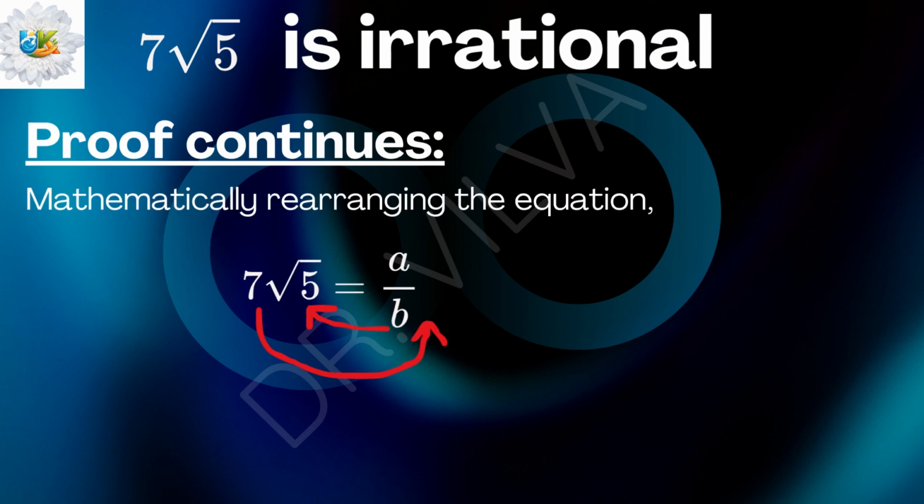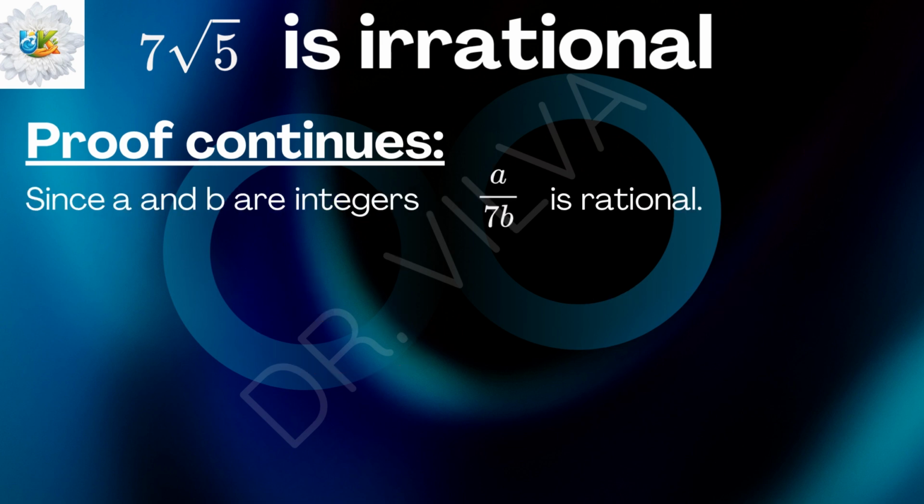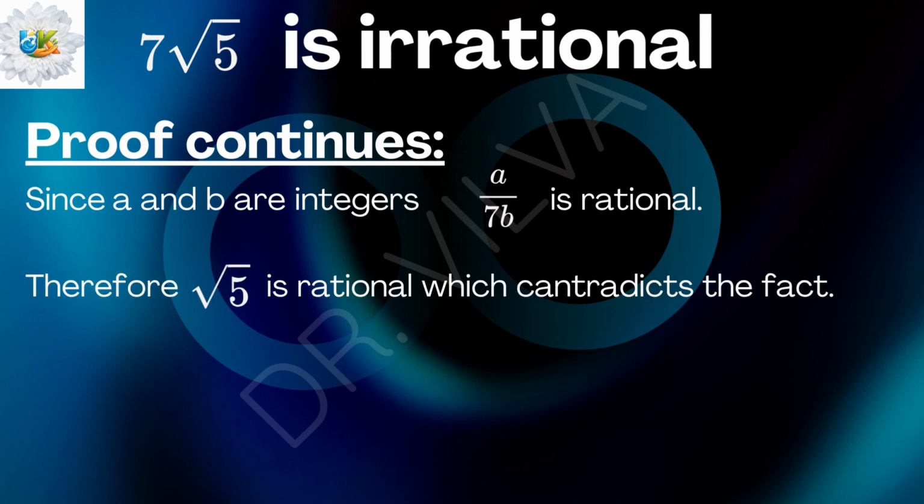By rearranging the terms, we get square root of 5 is equal to a by 7b. Since a and b are integers, a by 7b must also be a rational number. But this leads us to a problem.